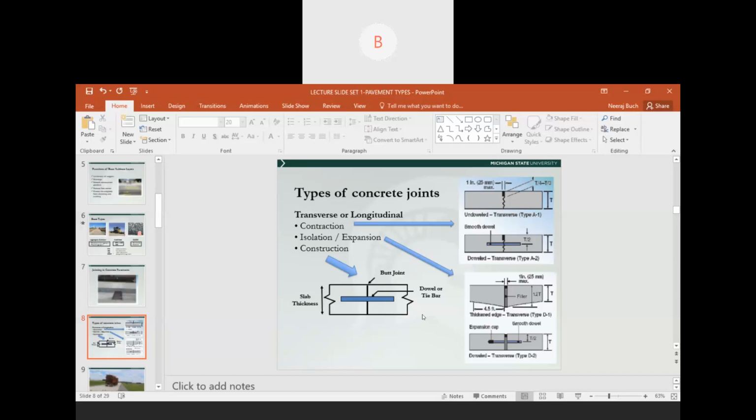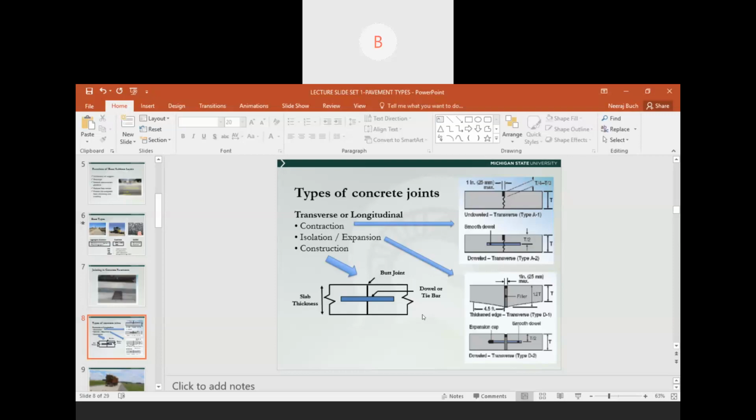Expansion joints are usually placed between dissimilar structures. So when the pavement comes in contact with a bridge, then you want to isolate the movement of the bridge from the movement of the pavement, because the bridge elements expand and contract at different rates as compared to the concrete pavement, because bridges have soil in them, steel in them, concrete in them.